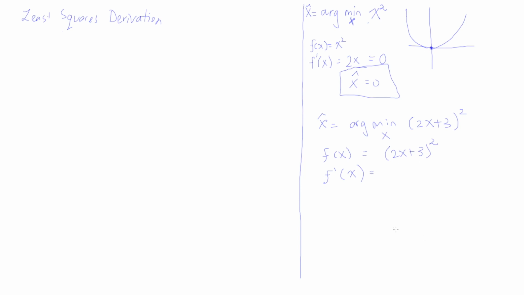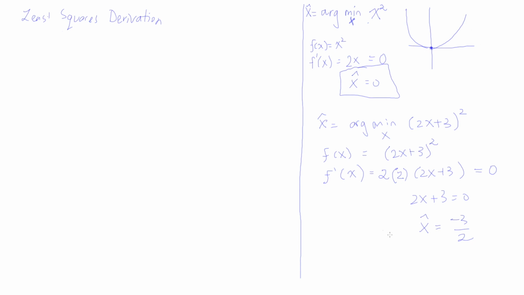Revise what we did at the start of the tutorial, but I'll just do it quickly here. It's going to be 2 times (2x plus 3), and we're going to make this equal to 0. If you solve for x, you'll get that 2x plus 3 equals 0, so x hat is equal to minus 3 over 2. And that's basically the idea.